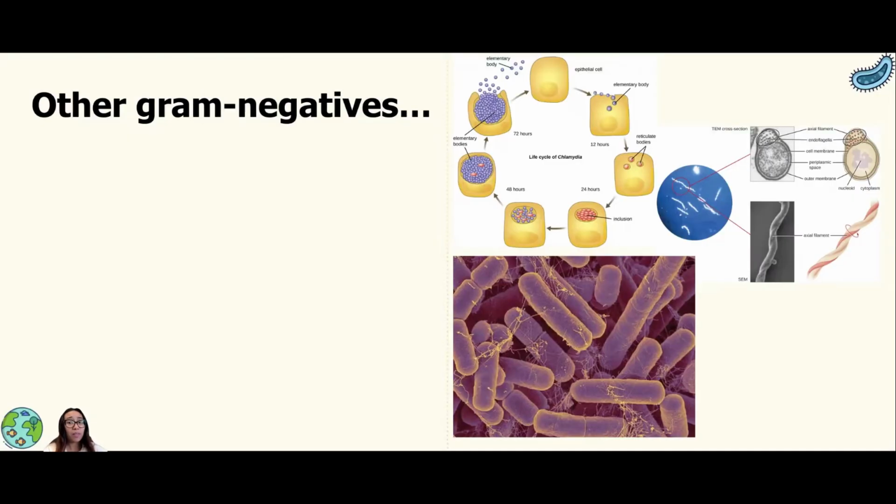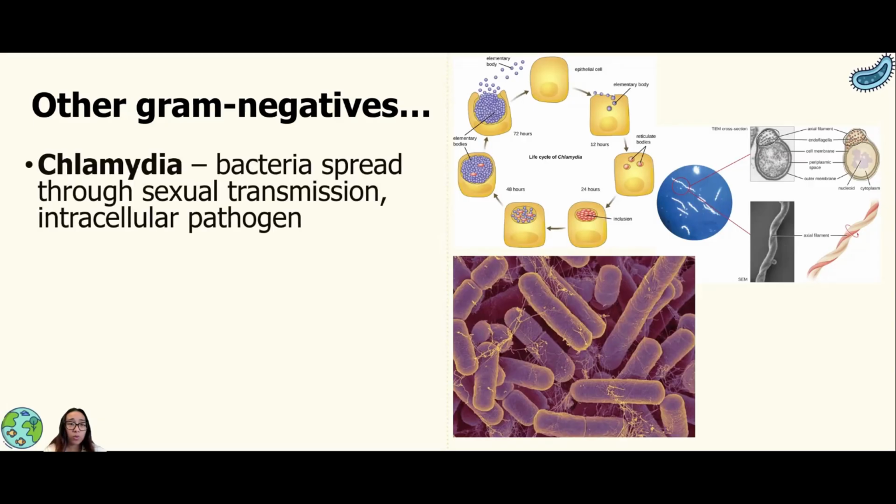Okay. Then there are other gram negatives. There's the chlamydia. That one's kind of its own group because it's really weird. Chlamydia spreads through sexual transmission. It is an intracellular pathogen, meaning that it has to live inside of the host, and has a very unique life cycle, which I'm not really going to go over, but it's an interesting life cycle.